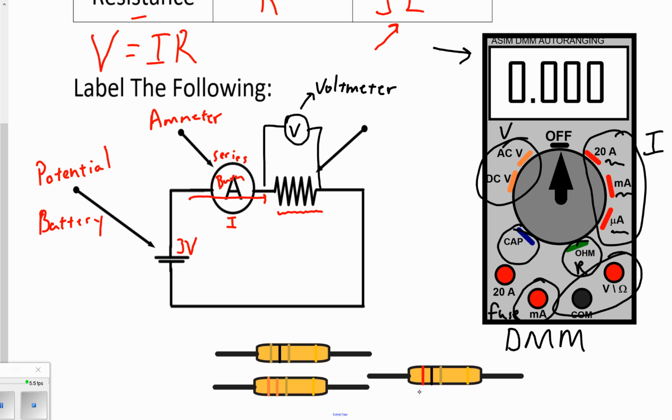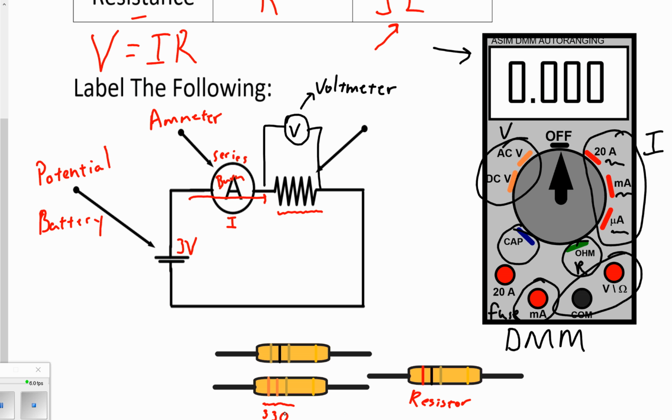So this is what a resistor looks like. They're usually small silicon devices, and the color bands on there help tell you what it is. For example, let's look at this one. Here we've got one that's orange, I'm going to call that brown resistor. That orange, brown means 3, and brown means you times it by 10.